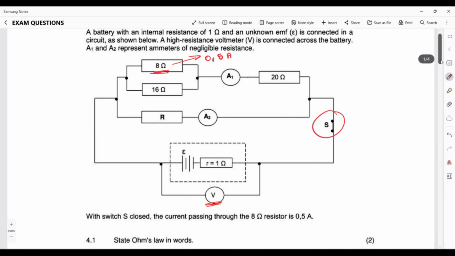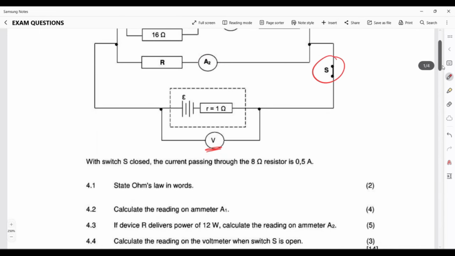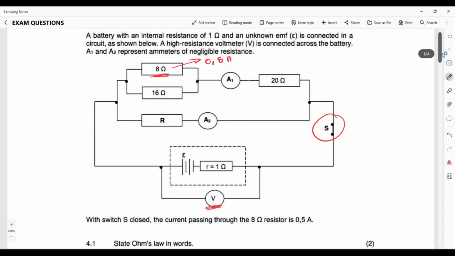Okay, so then the second question says calculate the reading on ammeter A1. They want us to calculate the reading on A1, but what do we have that we can use to calculate the reading of that ammeter? For my case, I think we need resistance, we need current, we can find the voltage in this case.